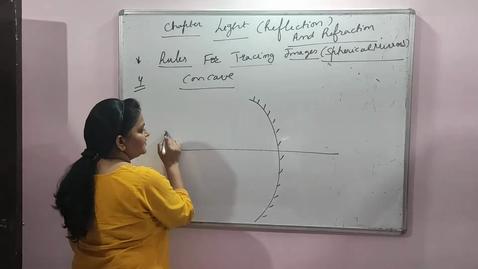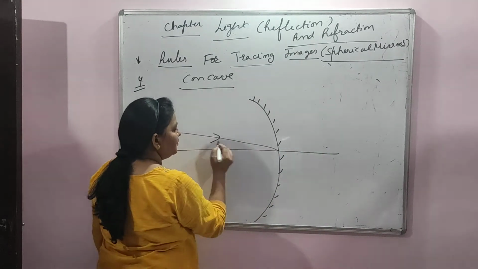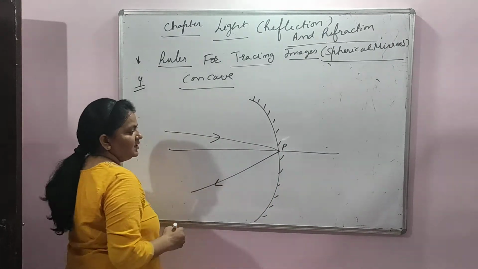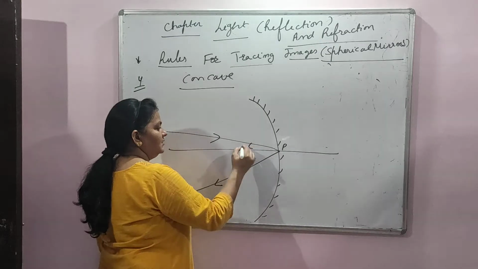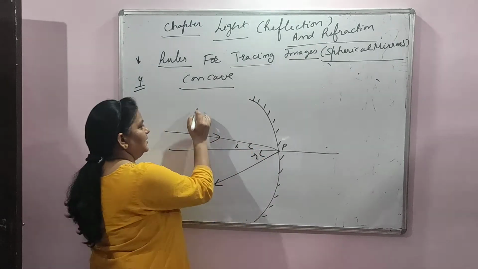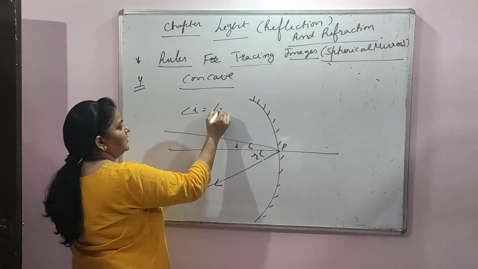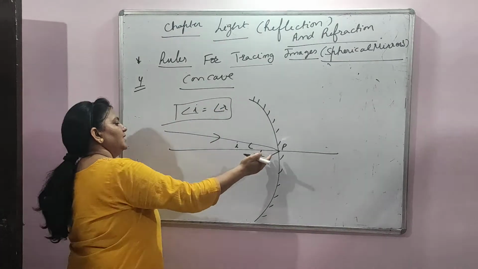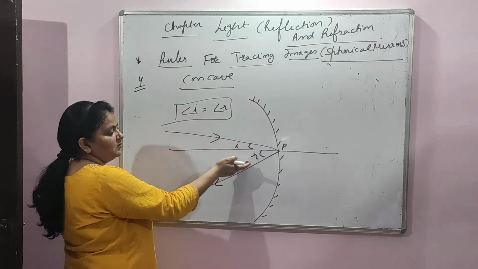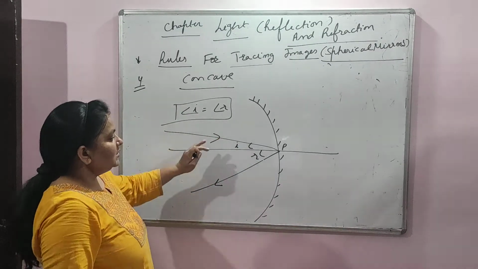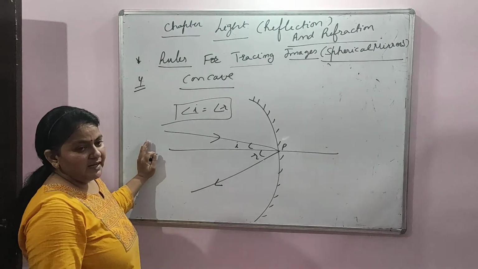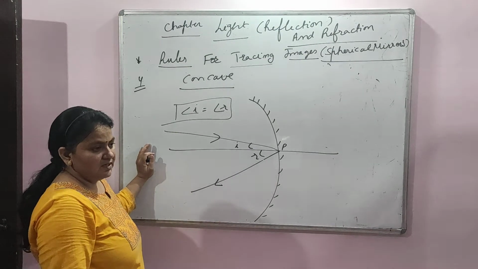Any incident ray which is striking obliquely the pole of the spherical mirror will reflect obeying laws of reflection, that is angle I equals angle R. So the reflected ray will reflect like this, that this angle R will go same. Now don't get confused that for this particular rule only angle of incidence is equal to angle of reflection.